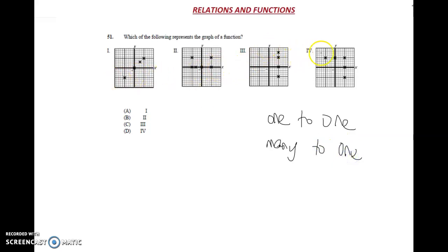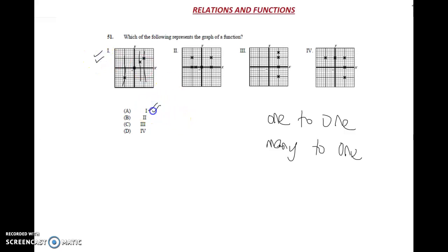To find out whether they are functions or not, it's called the line test. So you draw a straight line, and once that straight line passes through only one point on the graph, it's a function. So right away we know that 1 is a function.